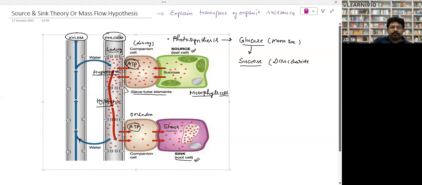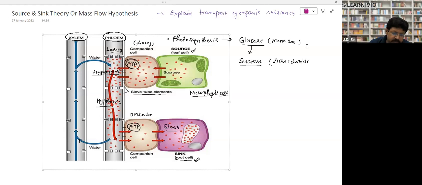This is xylem and this is phloem, both are parallel to each other. One more thing which is very important: the photosynthesis takes place and formation of food takes place in the form of glucose. Glucose is a monosaccharide, but transport of food does not take place in the form of monosaccharide or glucose, right?